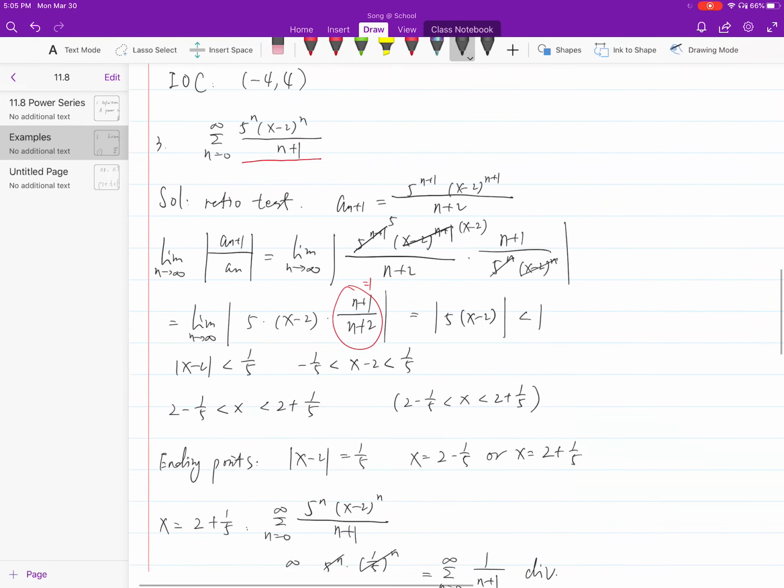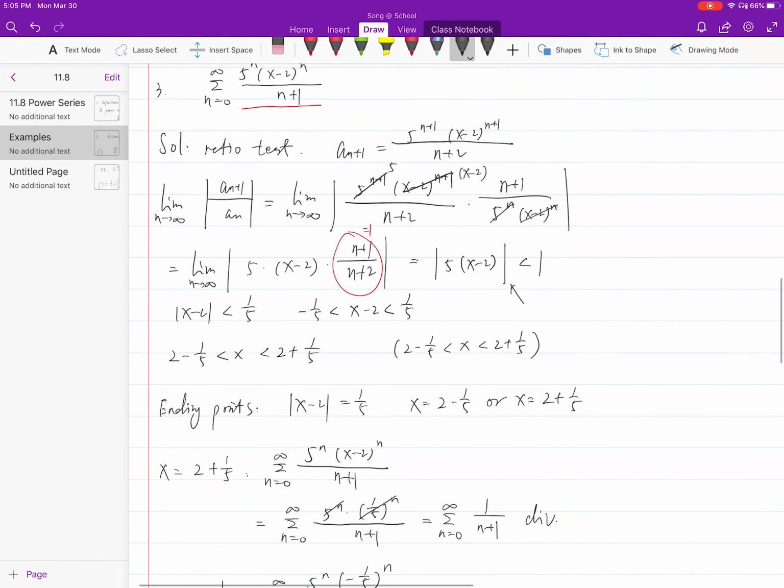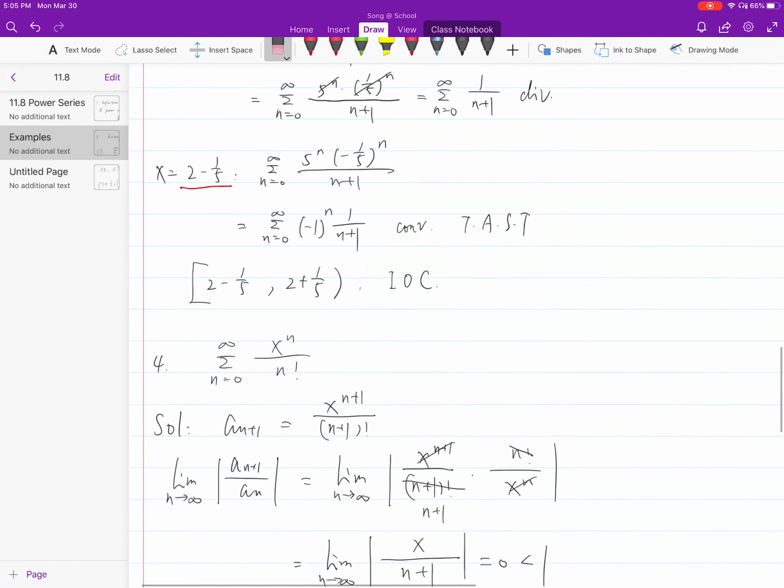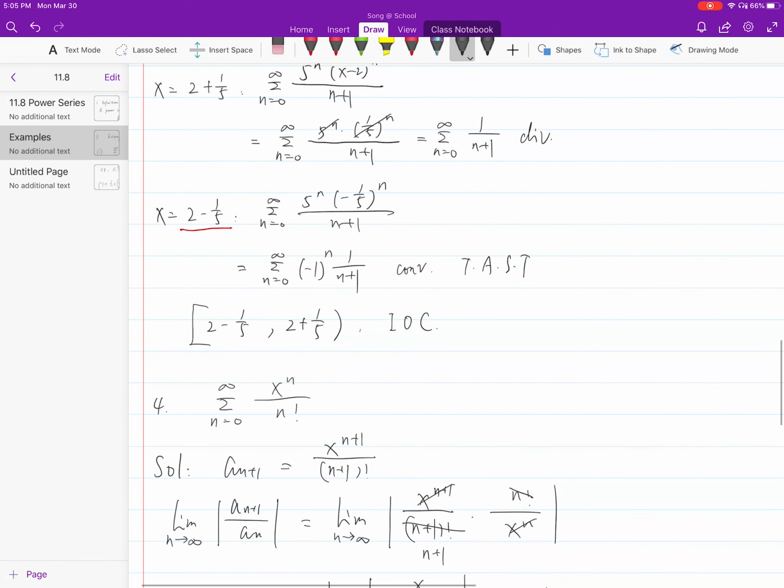Think about what happens in the second case. You solve an inequality. Again, this inequality is some number times the absolute value of x minus 2 less than 1. You do have the power, and you do have a constant. Again, you solve an inequality which involves absolute value. And here's the answer you got.